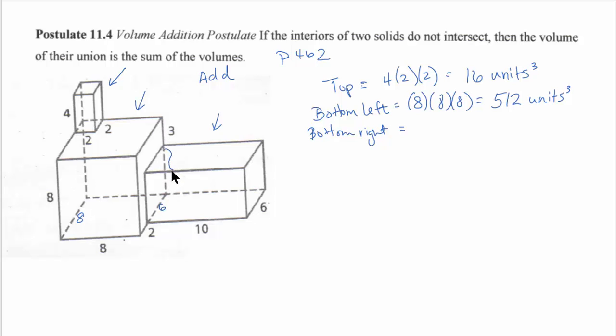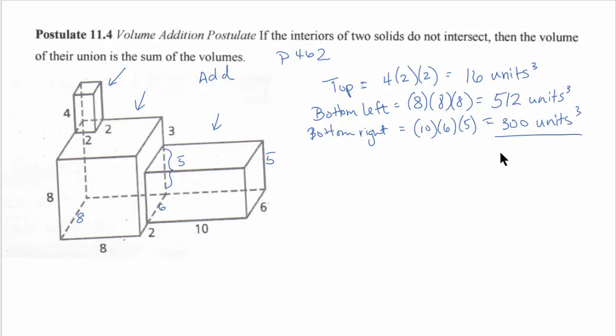So that means that this bottom part here has to be 5, and this bottom part is equal to the height of this particular prism. So this one is 10 across, 6, the length is 10, the width is 6, and the height is 5. So 10 by 6 by 5, that's 300 cubic units.